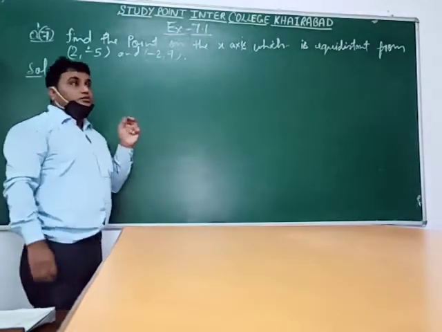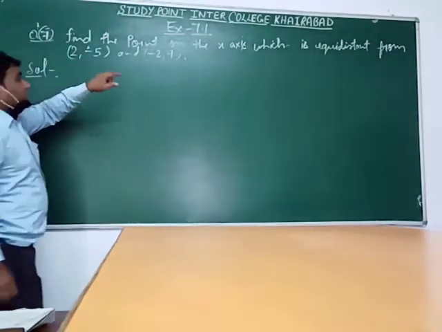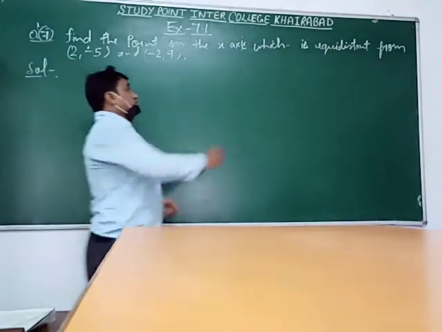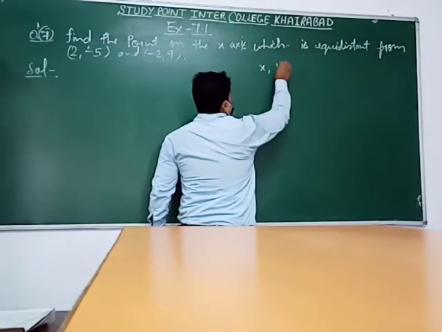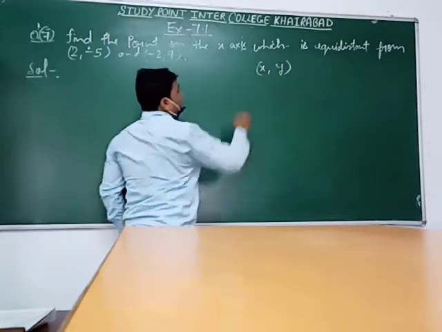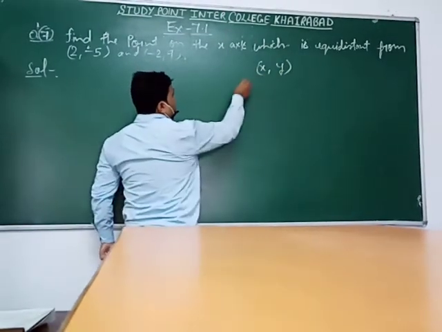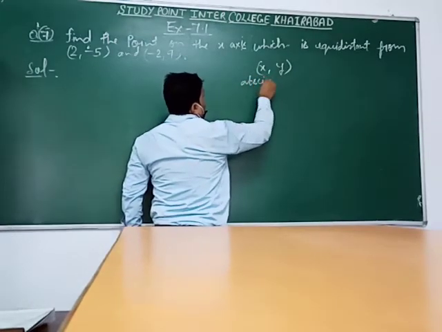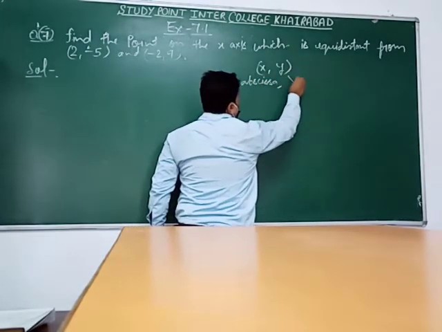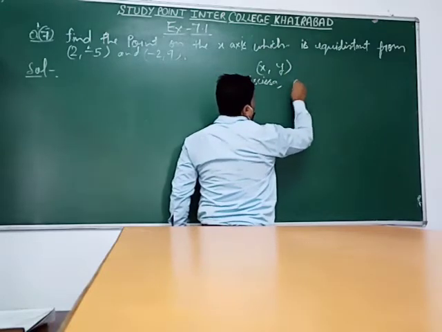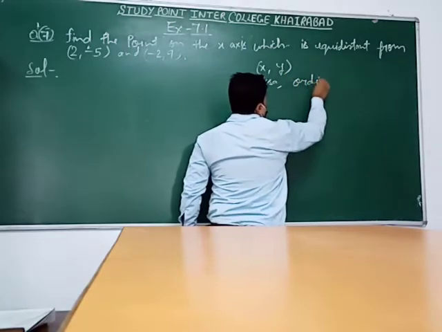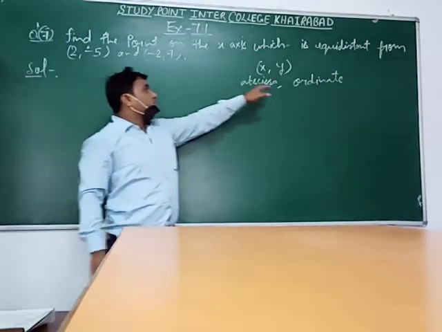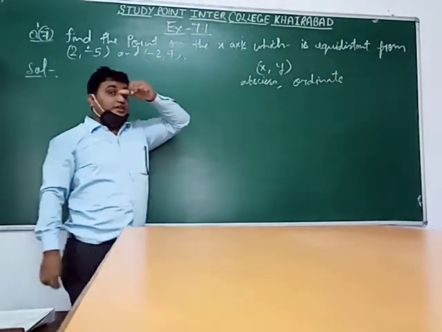I think you should know that a point is written as (x, y), where x is known as the abscissa and y is known as the ordinate.